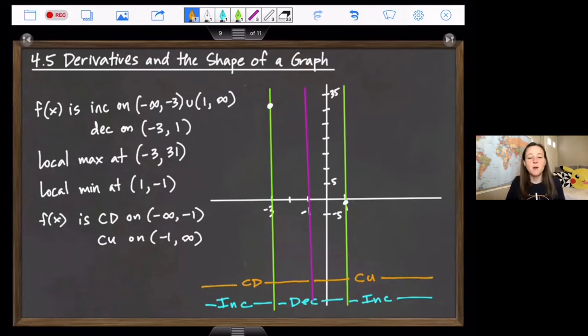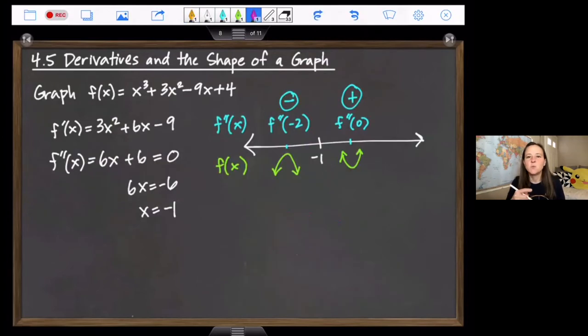All right, so let's go figure out where our inflection point is, and then we'll be able to draw the graph. So we know we changed concavity at -1. And up until now, I've always just kind of labeled this and said we've got an inflection point at x equals -1, which is true, but I actually want to put the inflection point on the graph. So we need to find its y coordinate. All right, so our official inflection point is at -1, comma, let's find f of -1.